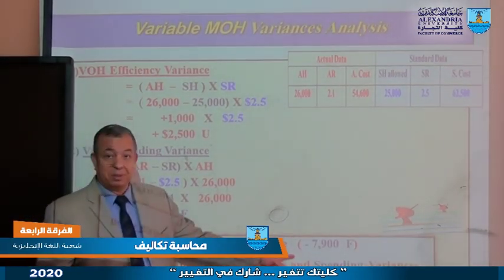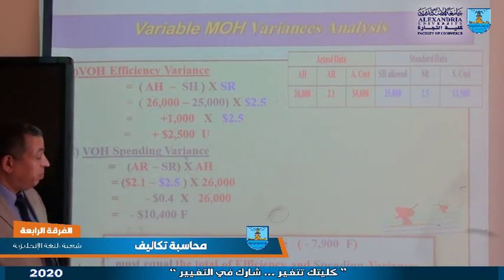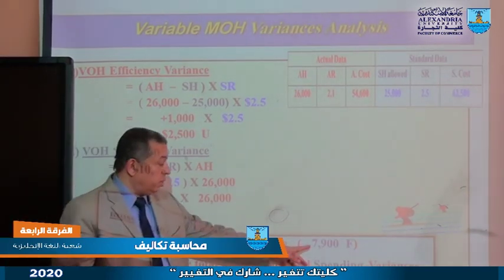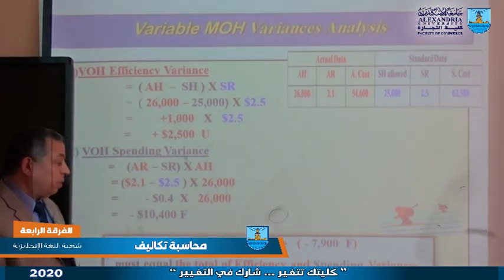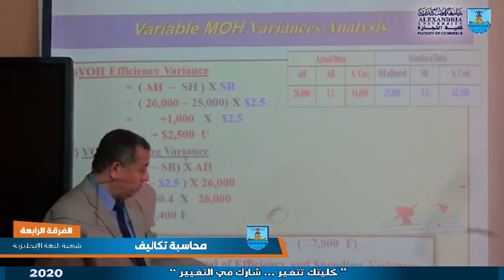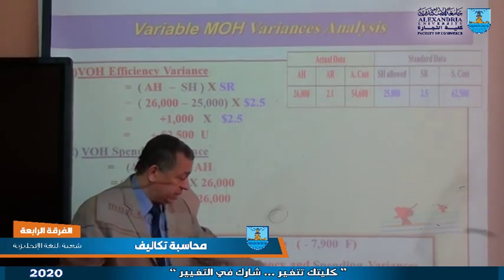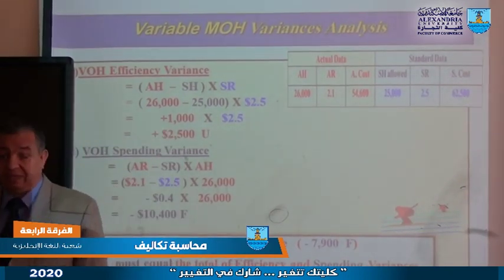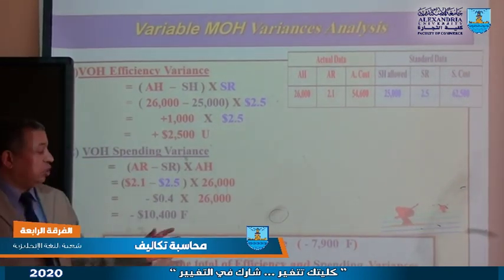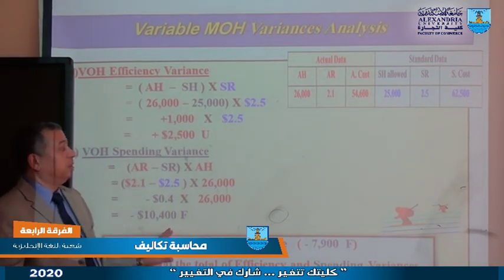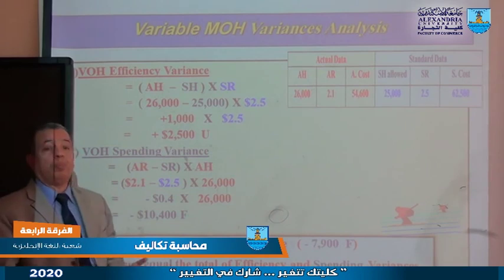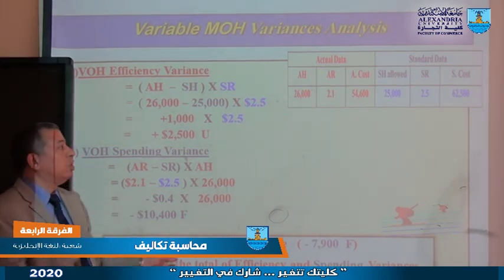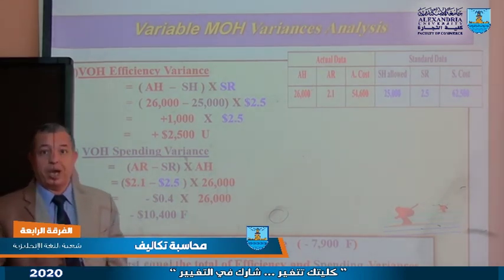Efficiency and spending. My total variance in the previous slide, if you remember, is 7,900 favorable, and the total of the 2 variances will equal the same total variance. The same result for variable overhead, regardless whether you prepare a performance report or equations, okay?